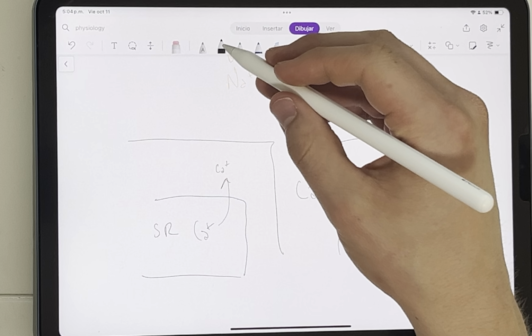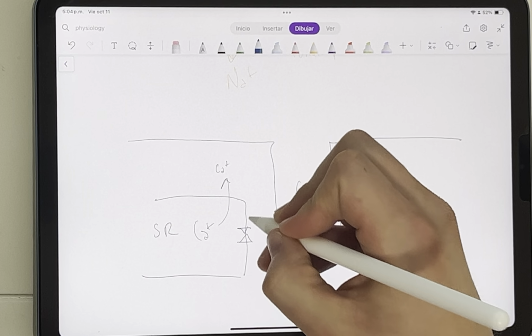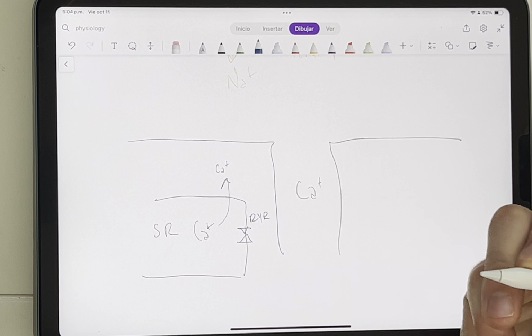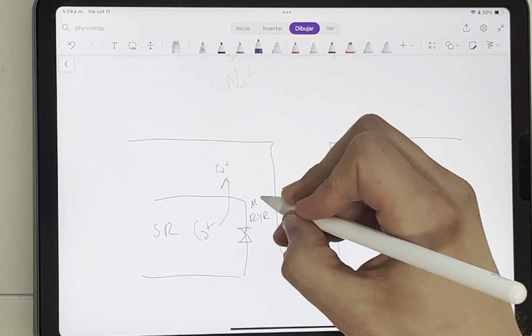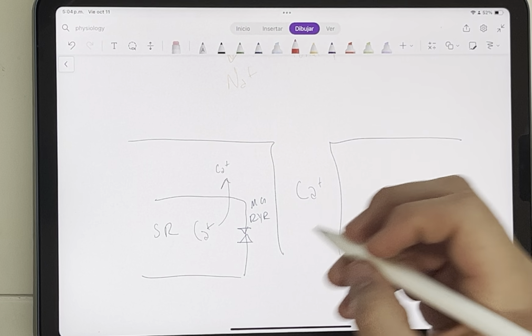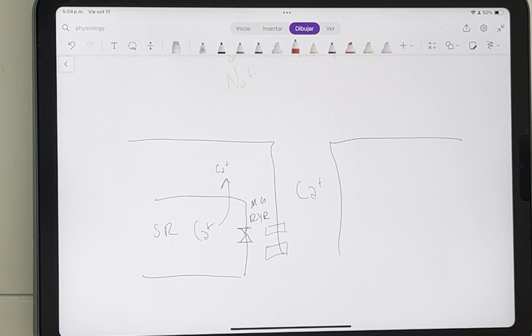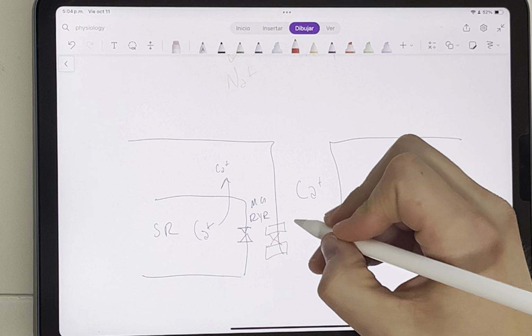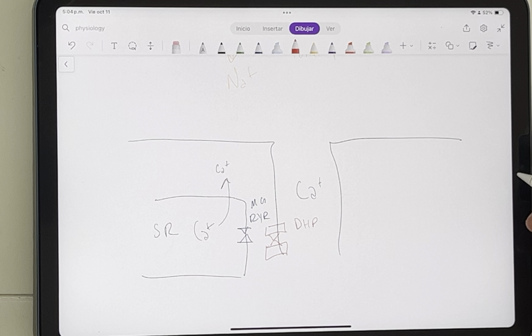So what happens is there is a protein channel right here called ryanodine. And ryanodine is a protein that is mechanically gated. So it's not voltage gated. In order to activate it, we have to have another protein, and this one sits in the cell membrane. And so when that action potential comes, it's called a DHP, or the dihydropyridine, sorry.